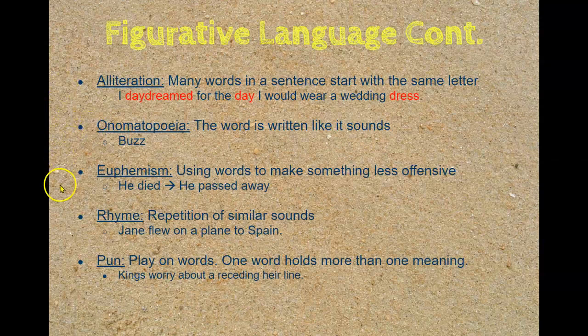Onomatopoeia, those are sound words. A euphemism is a word or a phrase that is used to make something that is often considered either rude, offensive, or unpleasant gentler. Look for rhyme as well, and look to see if you see any puns or plays on words.